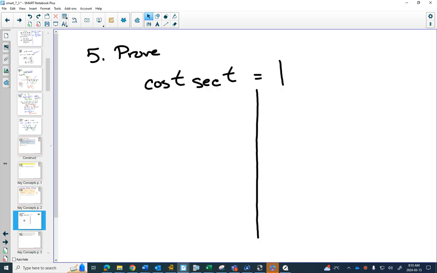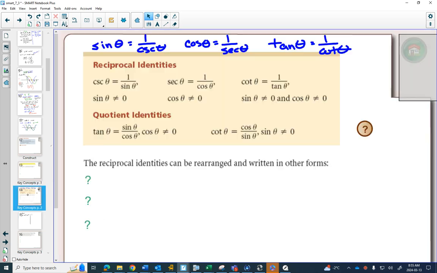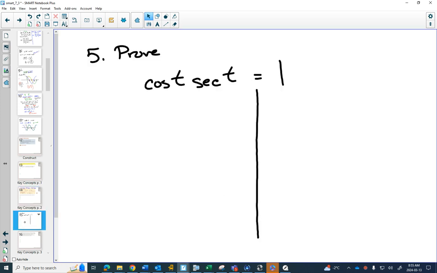So for example, in our question, we see a cos t and we see a secant t. We could change the cos t to 1 over secant t. We could change the secant t to 1 over cos t. That is allowed. Our goal is to make the left side and the right side the same.